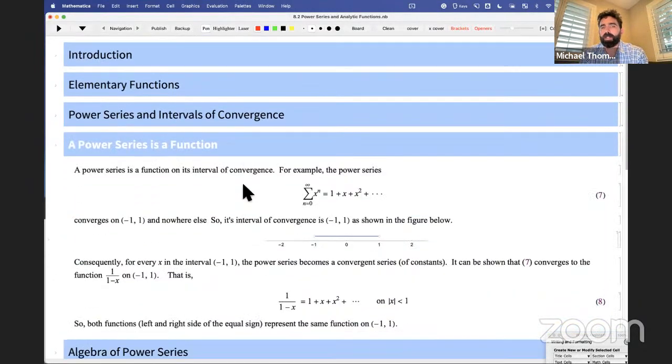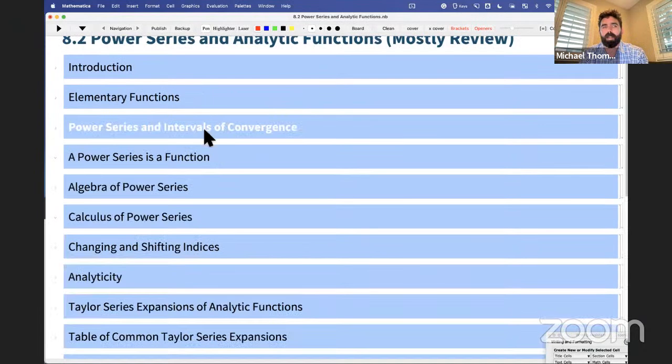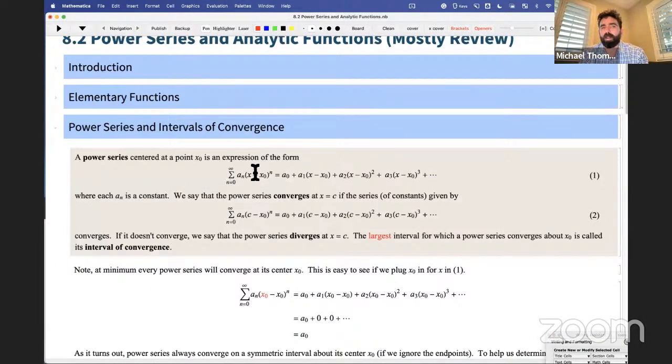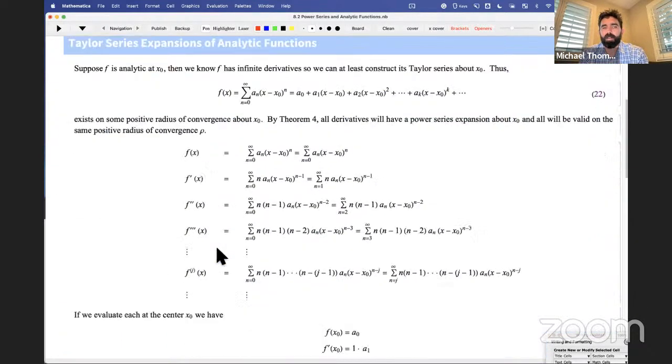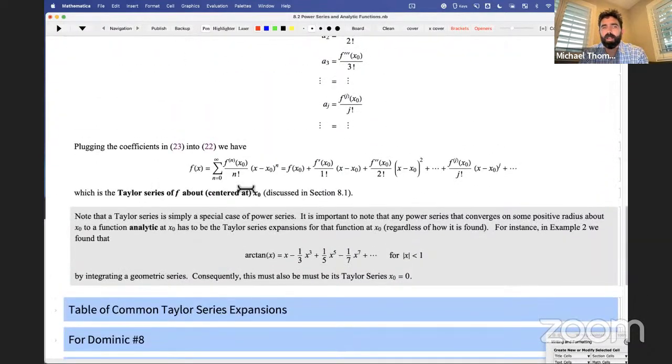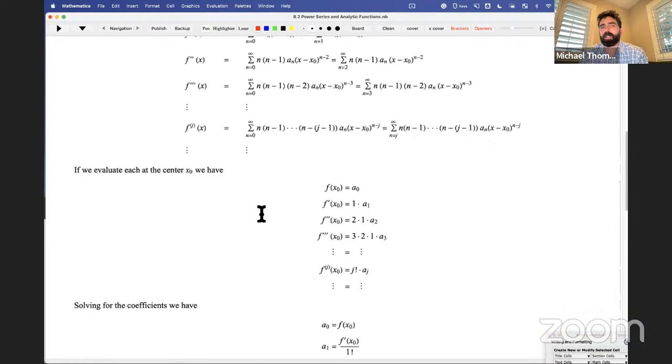Here's a power series right here, and the a_n are constants. Now, if you choose the a_n to be these guys right here, those are constants, then you have a Taylor series. So it's just a special case.